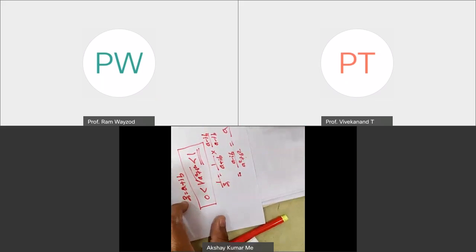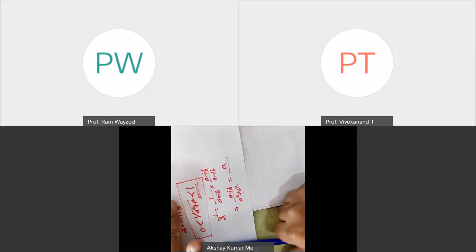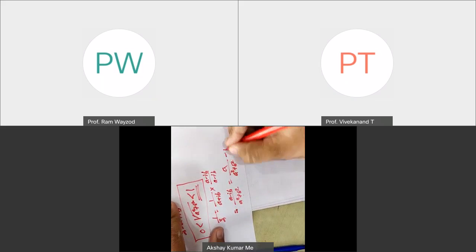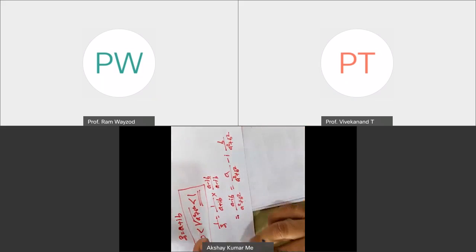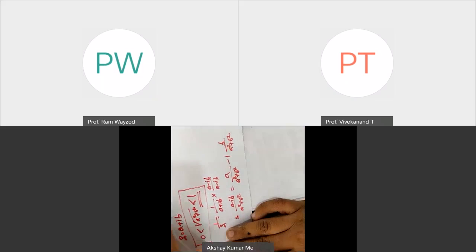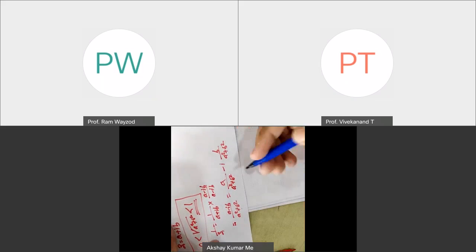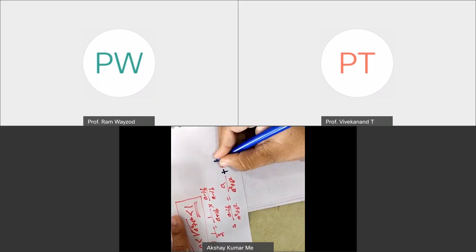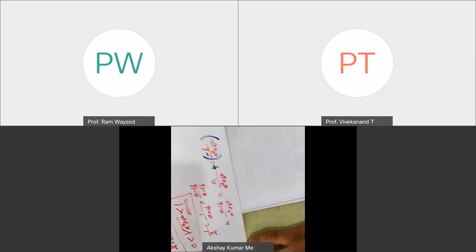Now we separate the real and imaginary parts: a upon a square plus b square minus i b upon a square plus b square.